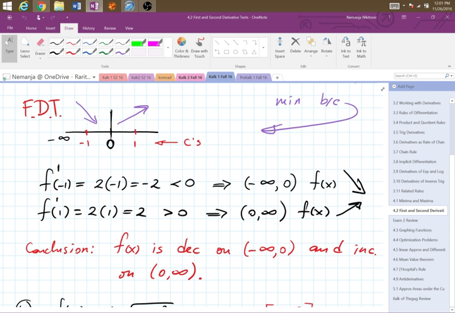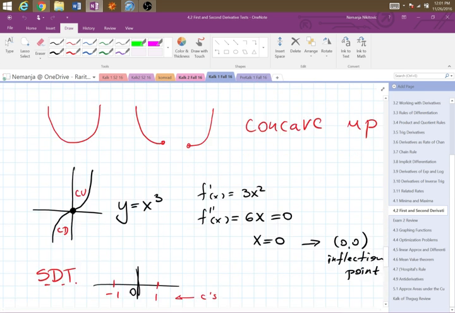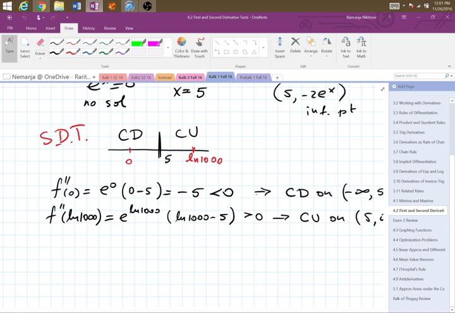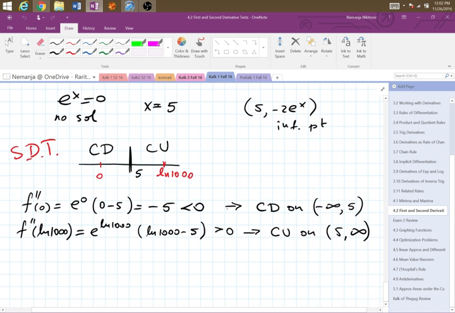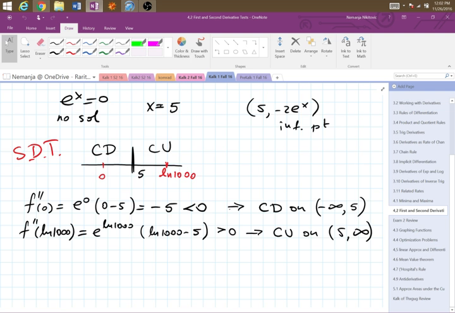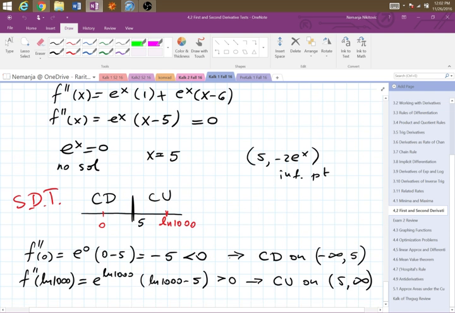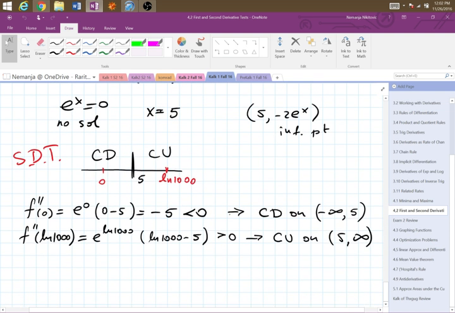The second derivative test does the same thing. I did not make it red, but you still have first derivative, second derivative, find the interval, right? We found only one inflection point at 5. We picked 2 test values, plug those test values, concave down, concave up.